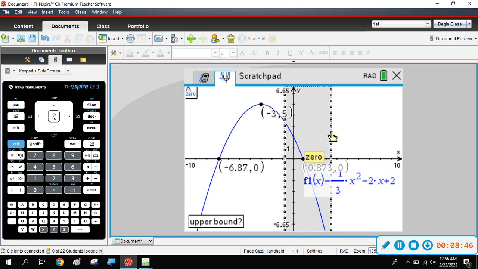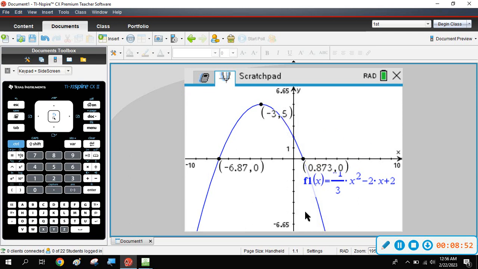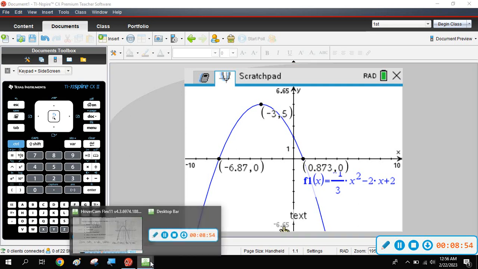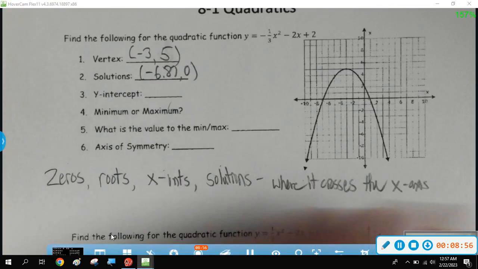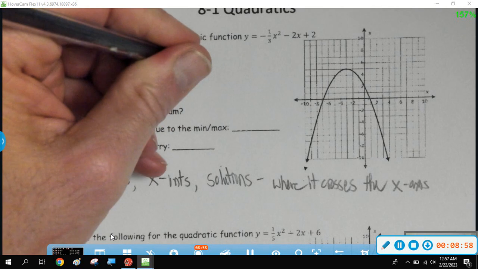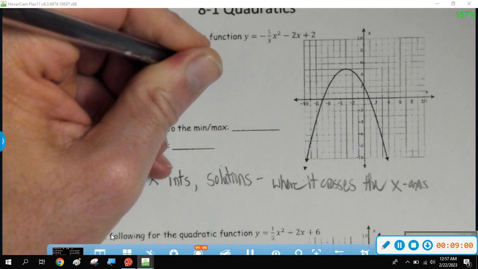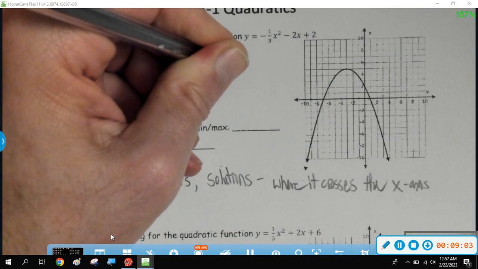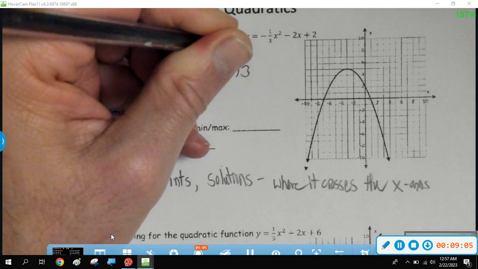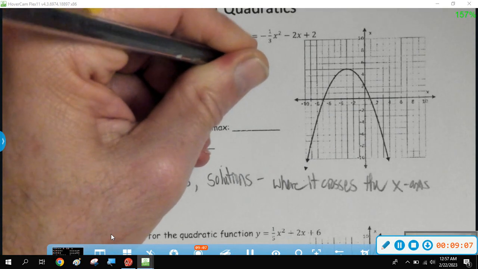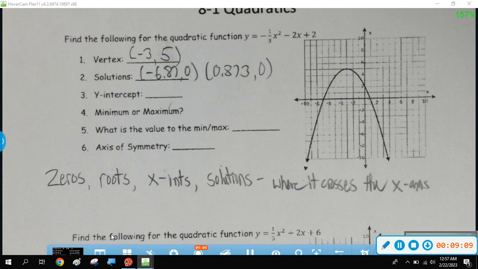I'm telling the calculator to look between these two lines for the zero. And it has found it at 0.873, 0. That's my other solution right there. So I'll go ahead and write that in. The other solution is 0.873, 0.